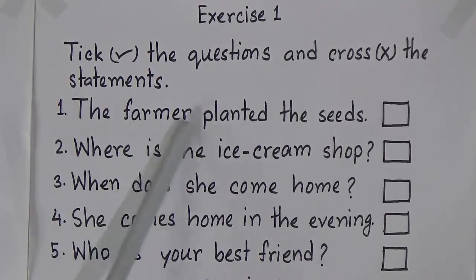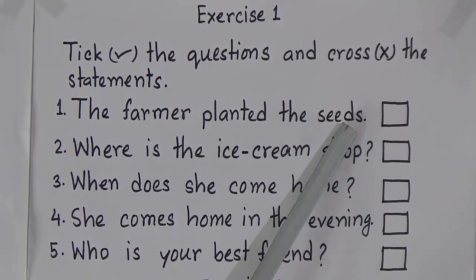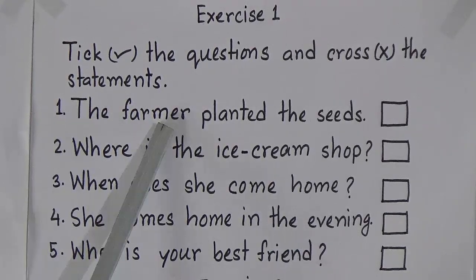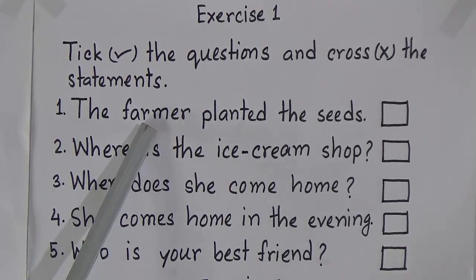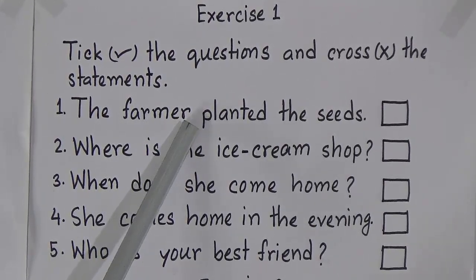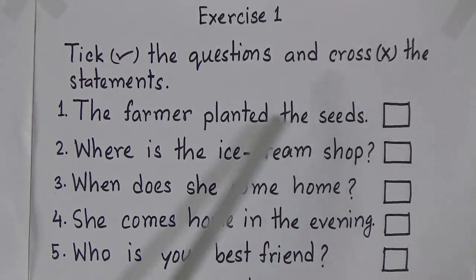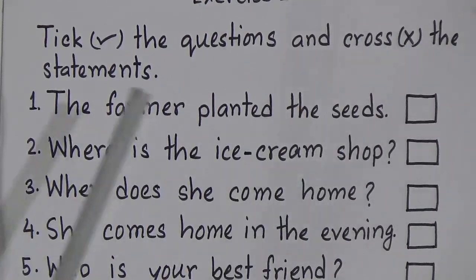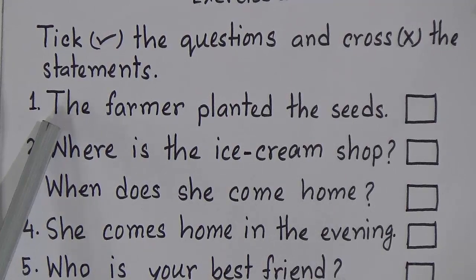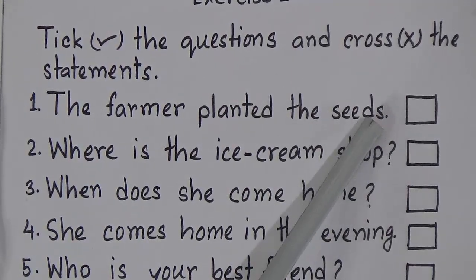Number 1, the farmer planted the seeds. So there is information about the farmer who planted the seeds. Do you want to know about something here? No. And look, the sentence begins with a capital letter and ends with a full stop.